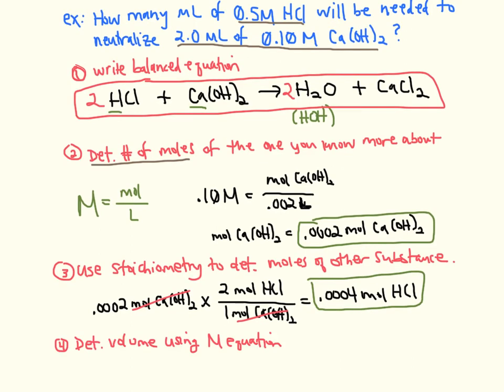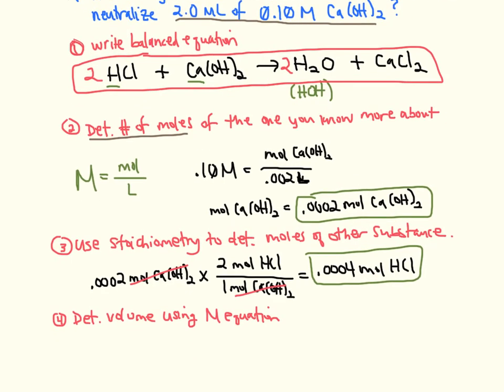And of course, the very last thing we're going to do is, it's asking for a volume of our hydrochloric acid, and it's given us a concentration. So we're going to use the molarity equation and the number of moles of hydrochloric acid to determine the volume of hydrochloric acid that would contain 0.0004 moles of hydrochloric acid.